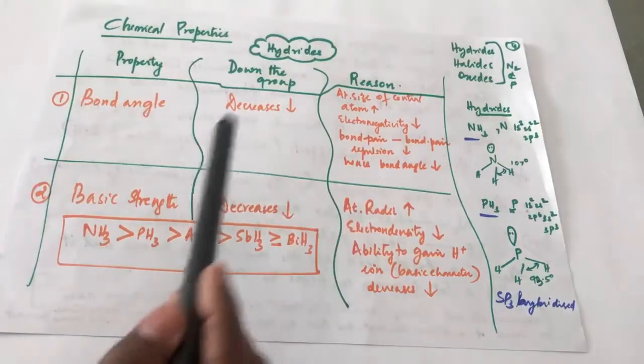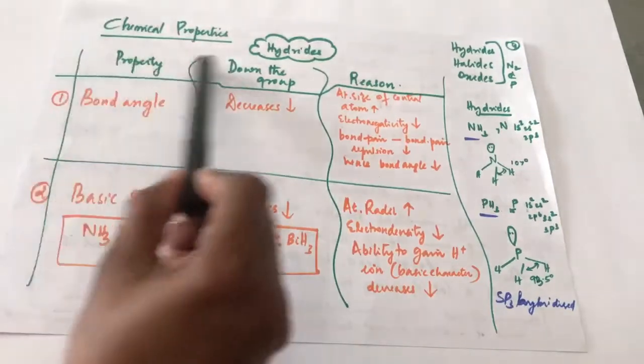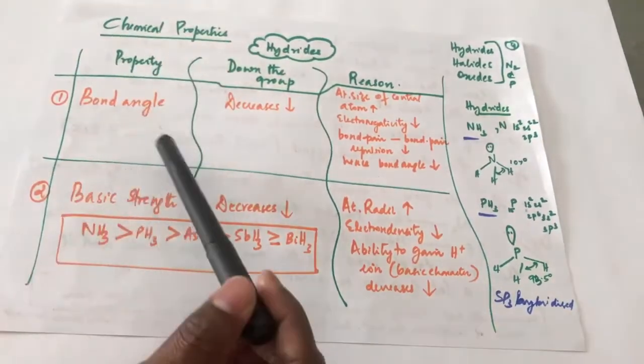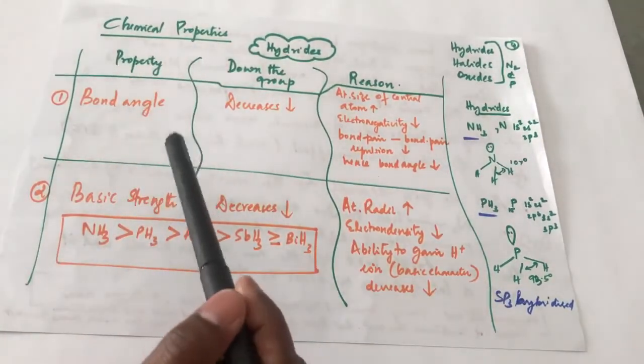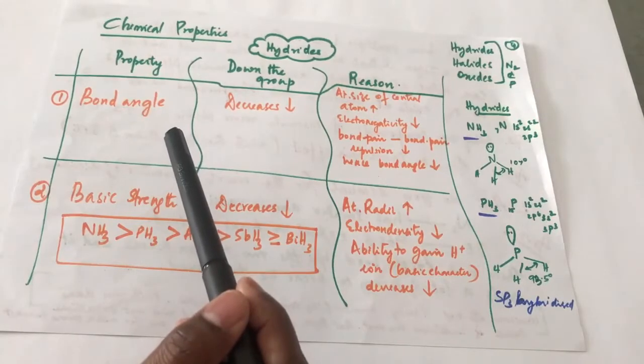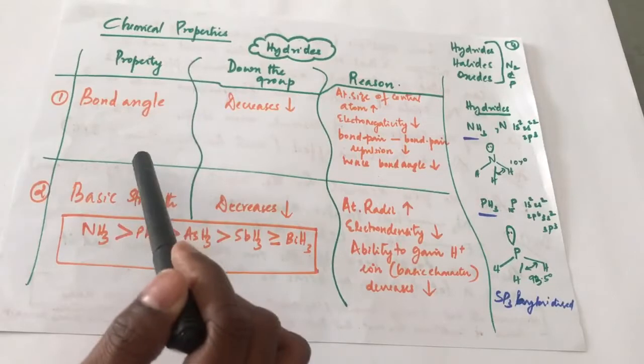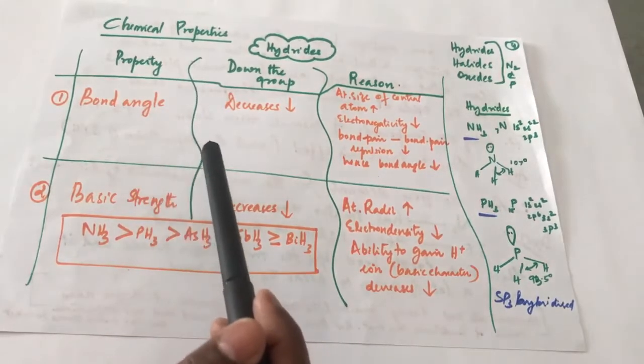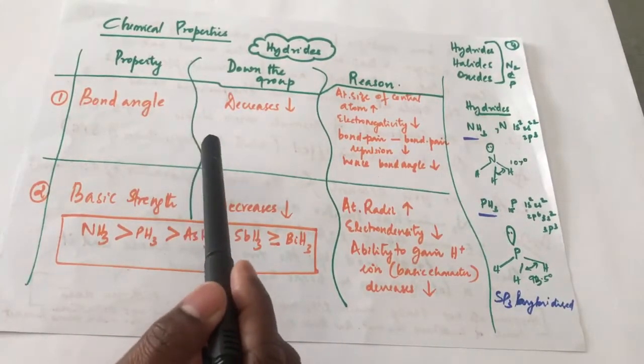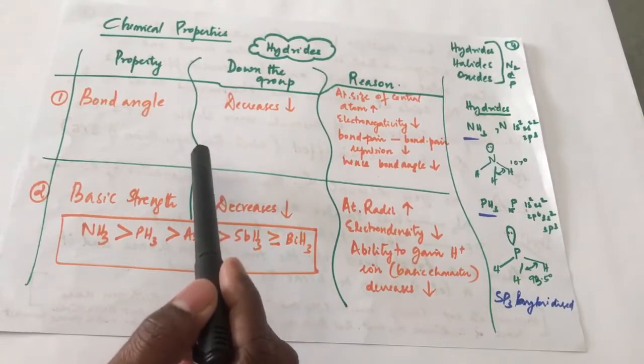So we were in the chemical properties. I told you chemical properties, oxidation states, ionization, inert pair effect, etc. we have discussed, isn't it? So now we are talking of the chemical properties.